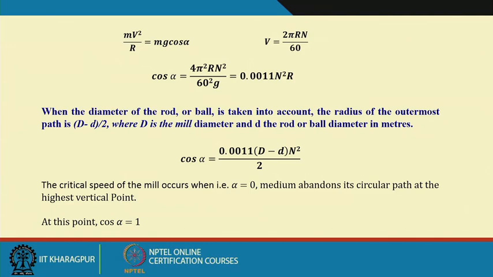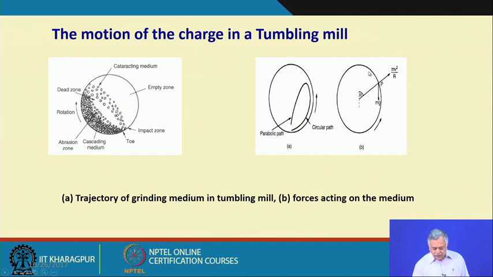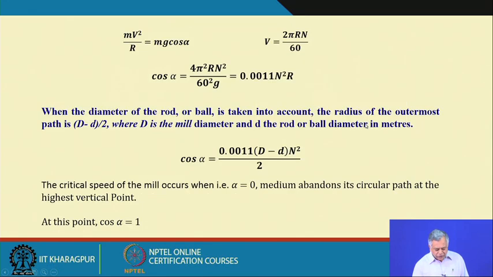So, now if I go back to this slide, when alpha is equal to 0, what will happen? Alpha equal to 0 means it goes there, and it will fall back, so that means the entire thing is being rotated. So, the critical speed of the mill occurs when alpha is equal to 0.